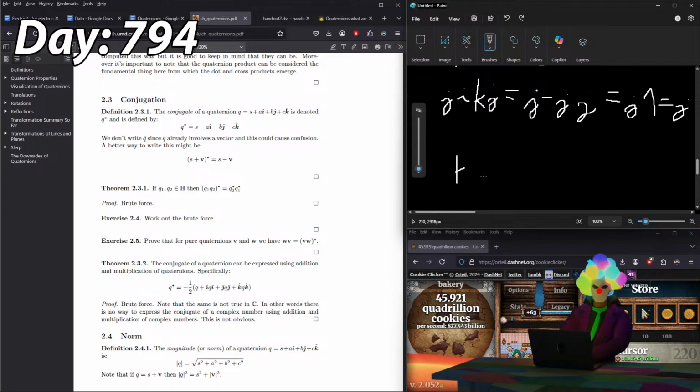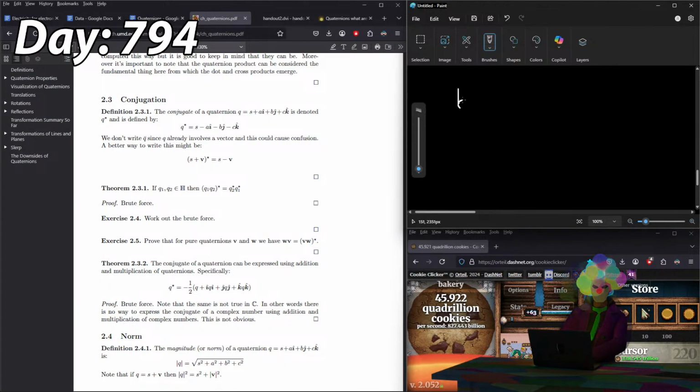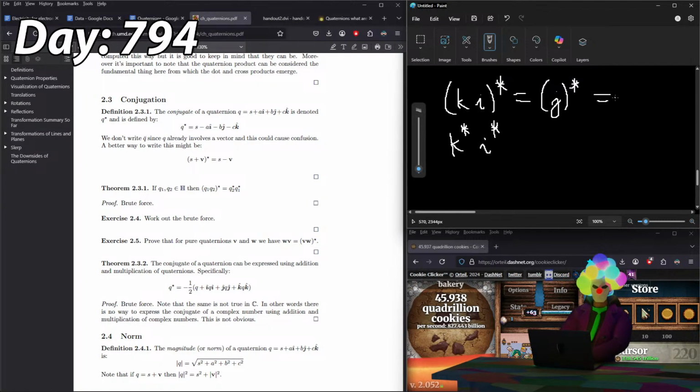Okay, so we have two equations here, which is KI complex conjugate and K complex conjugate I complex conjugate. In the top one we have this equal to J complex conjugate, which is equal to -J.